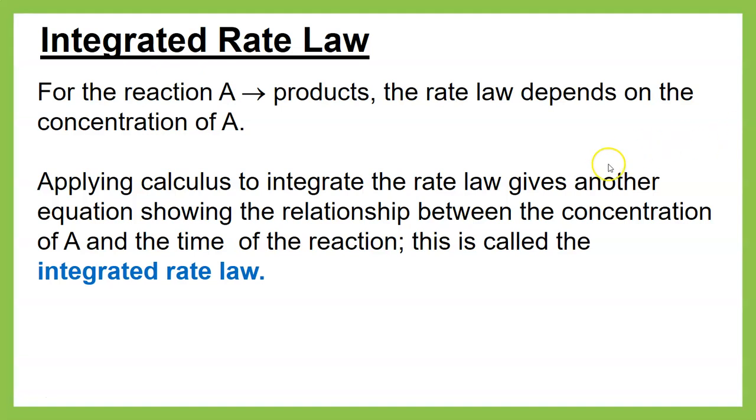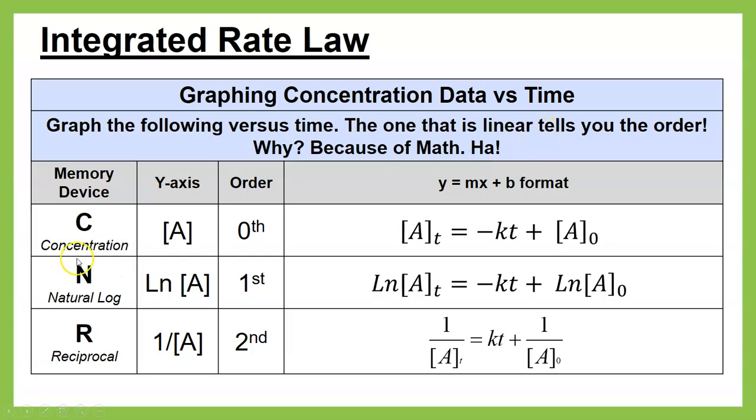So I have a little mnemonic that I like, a little memory device, CNR. You're going to have 3 types here: 0 order, 1st order, 2nd order. If the change in time is being graphed with concentration and you get a linear plot, that means your reaction was 0 order.